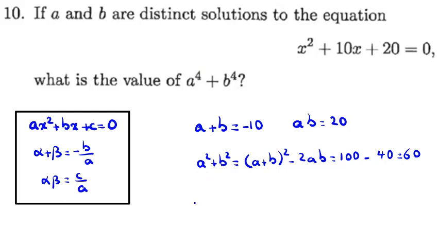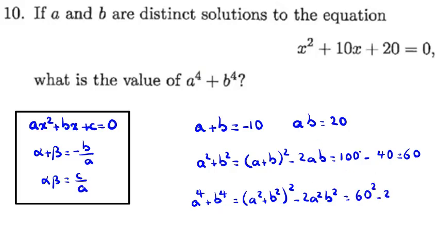And if I want to find a4 plus b4, I can say it is a squared plus b squared, squared: we have a4 plus b4 plus 2a squared b squared. I subtract. Now it will be what? A squared plus b squared is 60. 60 squared minus 2 times ab squared, which is 20 squared.